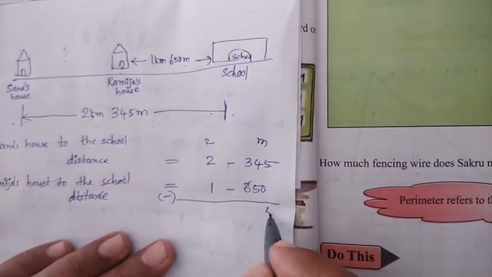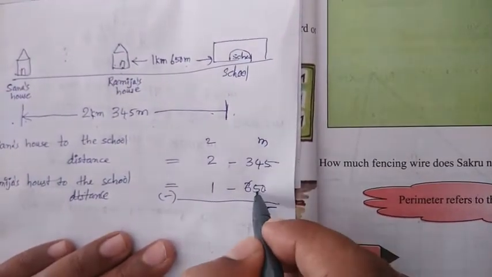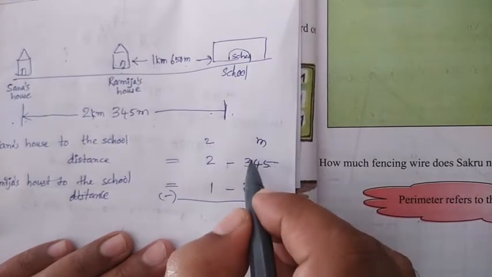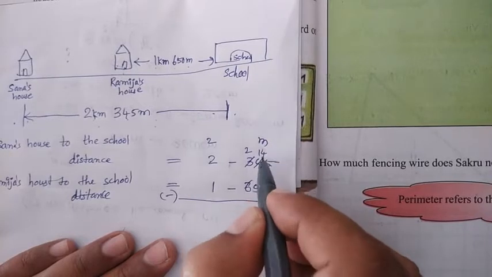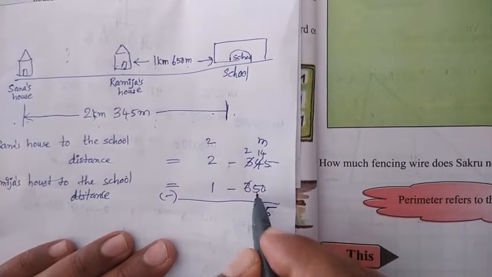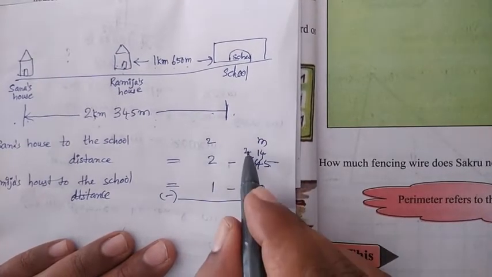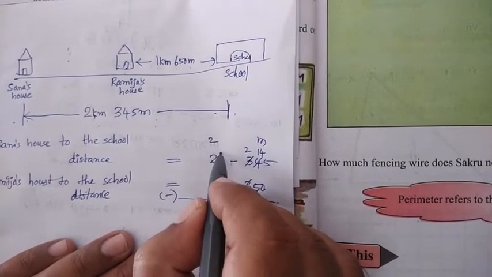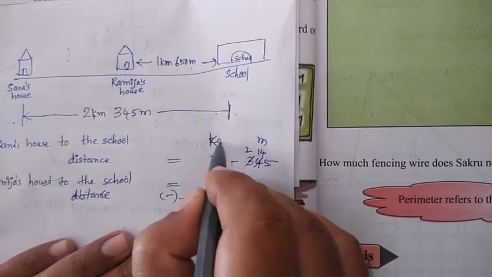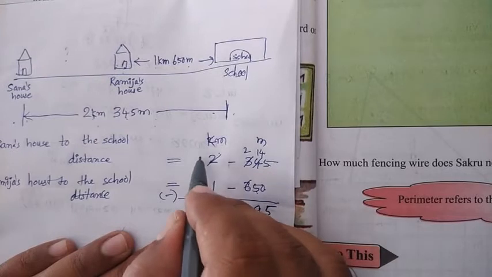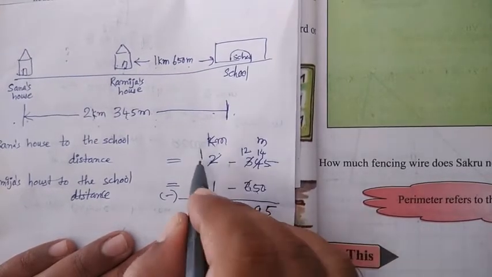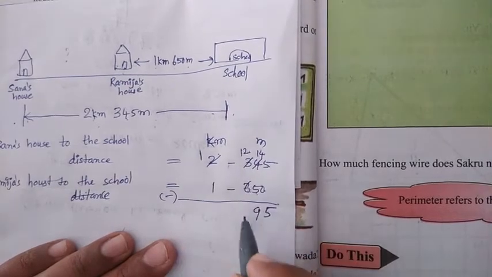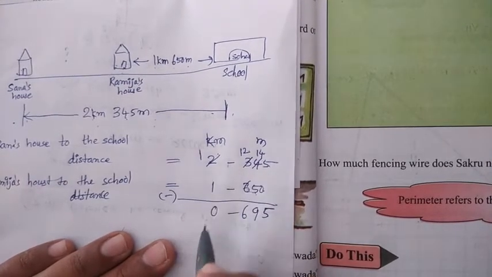5 minus 0, 5. 4 minus 5, not possible. Borrow from 3. 3 becomes 2. 4 becomes 14. 14 minus 5, 9. Next, 2 minus 6 also not possible. Borrow from 2. 2 becomes 1. 2 becomes 12. 12 minus 6, 6. 1 minus 1, 0.